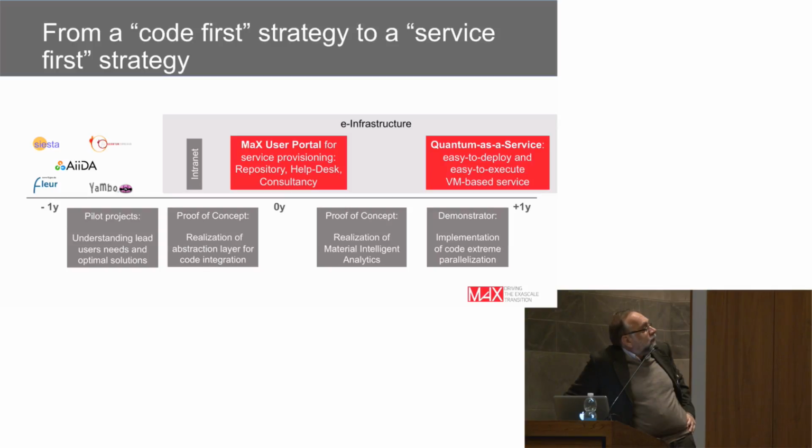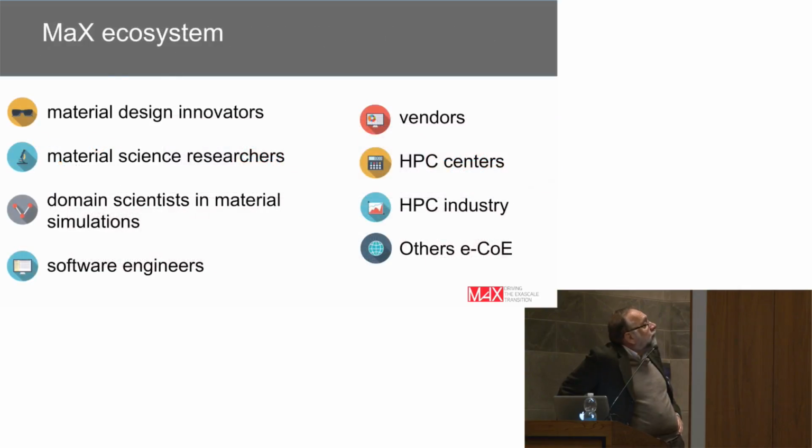And then there is a demonstrator that is the implementation. We want to explore the HPC feasibility of our code up to petaflops or whatever. And what is our ecosystem, what do we refer to? The ecosystem, of course, are the innovators, the entrepreneurs, the researchers, the scientists, the engineers, the software engineers, the vendors.